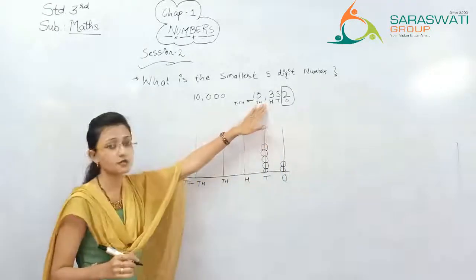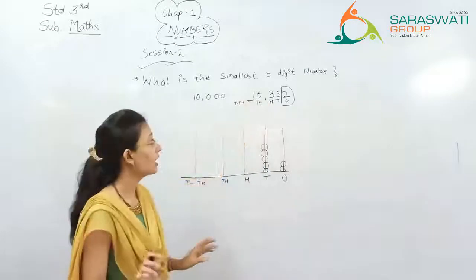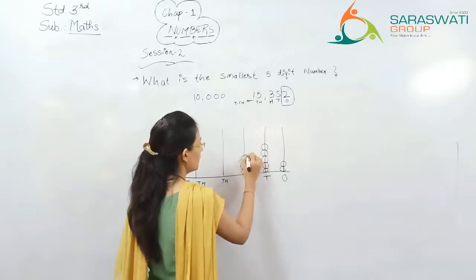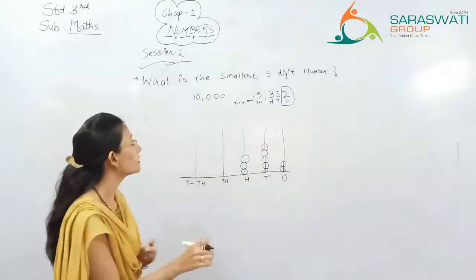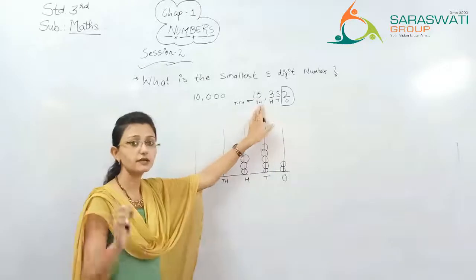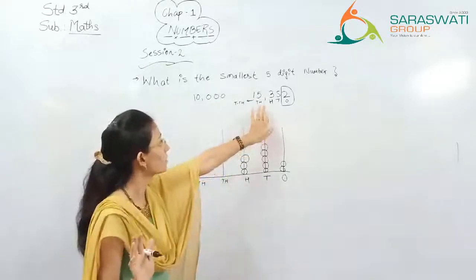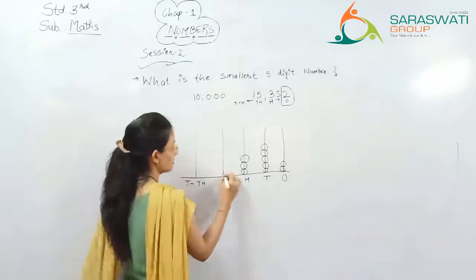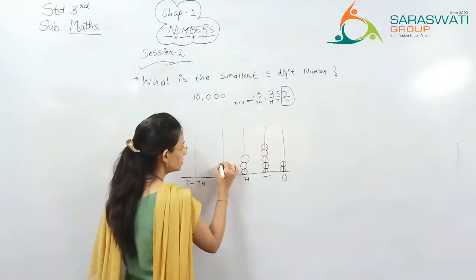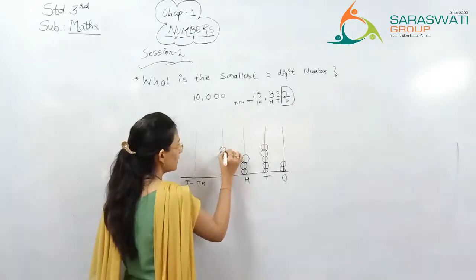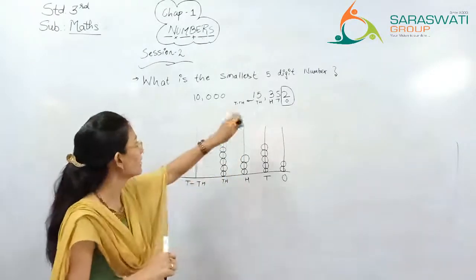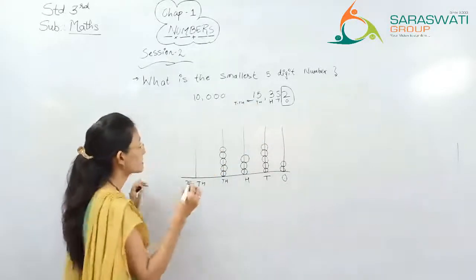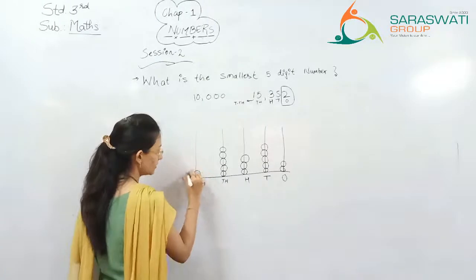Then in the hundreds place, it's 3, so I will put 1, 2 and 3. In the thousands place, it's 5, so I will put 5 beads: 1, 2, 3, 4 and 5. Next, on the 10,000 place, it is 1, so I will put 1 bead over here.